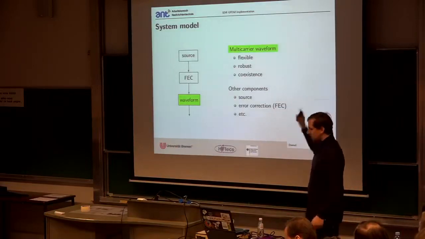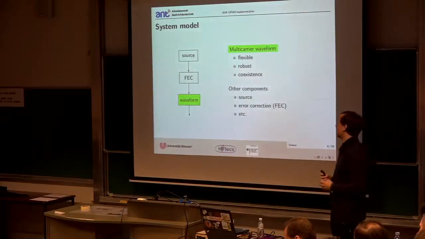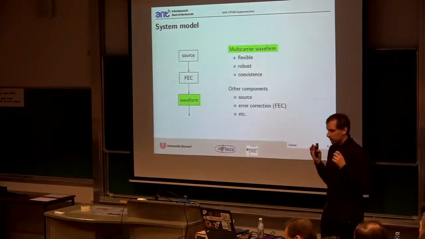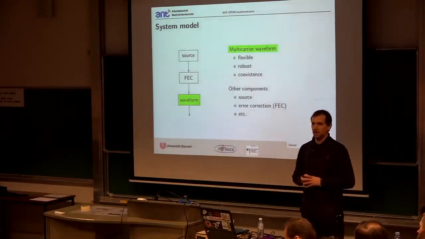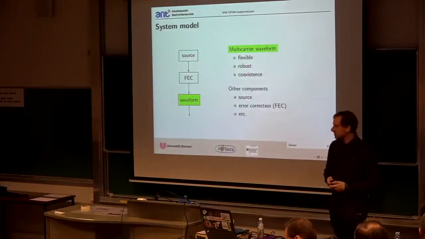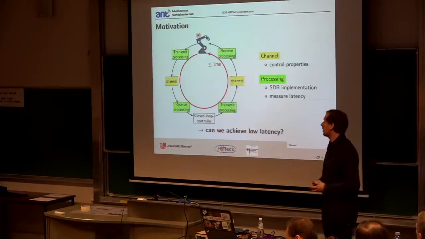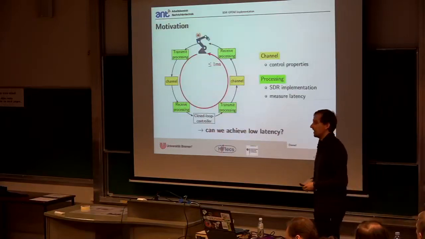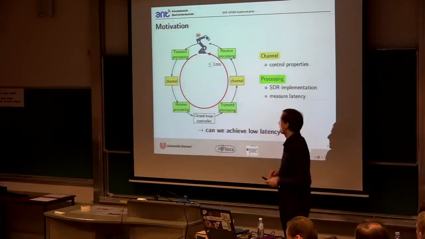And our requirements here are that we have it more flexible than before, that we want to have it robust, and we need to have favorable coexistence properties. Well, so a little bit further, I already said that we want to have a latency of less than 1 millisecond.